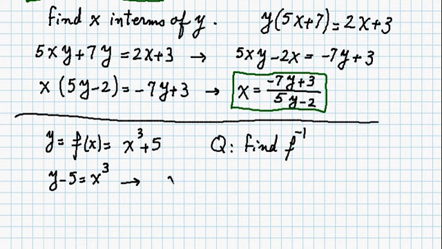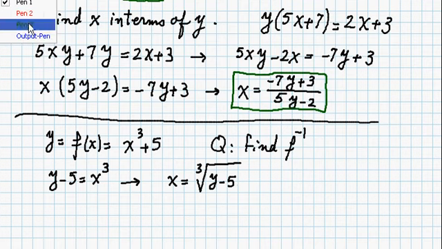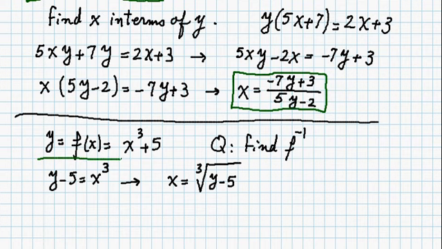Next, I take the cube root of both sides. So I'll have x is equal to the cube root of, excuse me, let me correct this, this was y minus 5. And this is just going to be the inverse function.